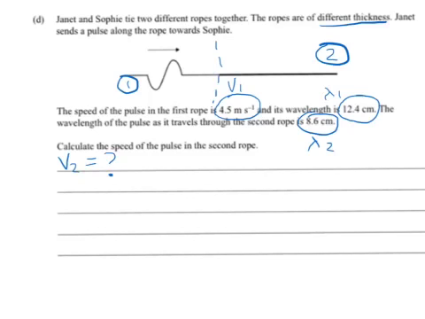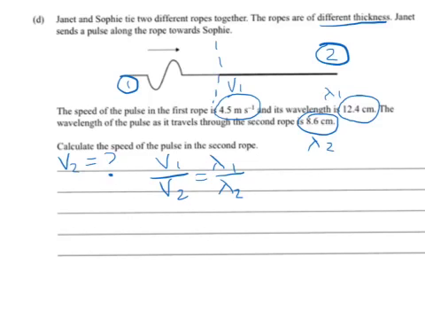The reason I say that is it's important to understand where these formulae come from. You shouldn't blindly use them. You should have an understanding of what they mean. So the formula in this case is v1 over v2, which will equal lambda 1 over lambda 2, because as you change medium, the ratios of the velocities and the ratios of the wavelengths are equal for the changes.